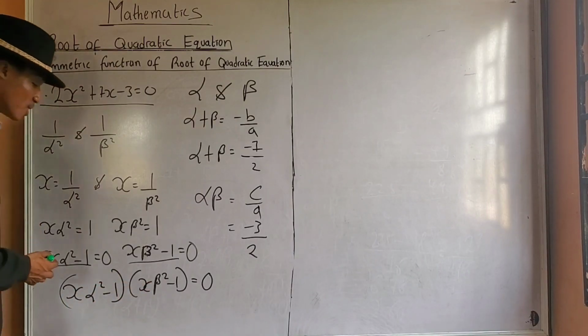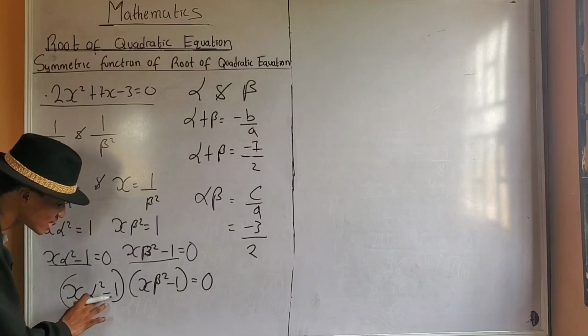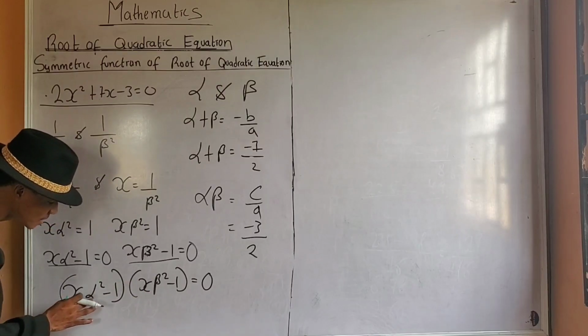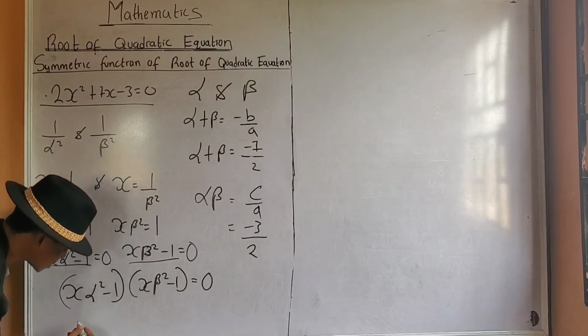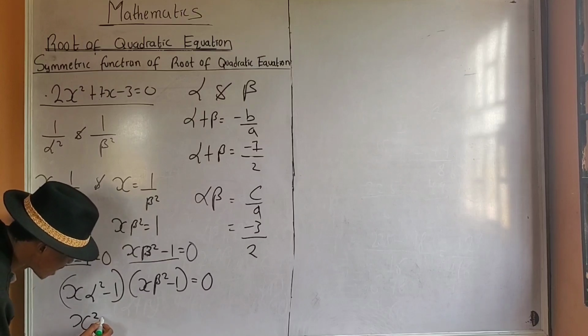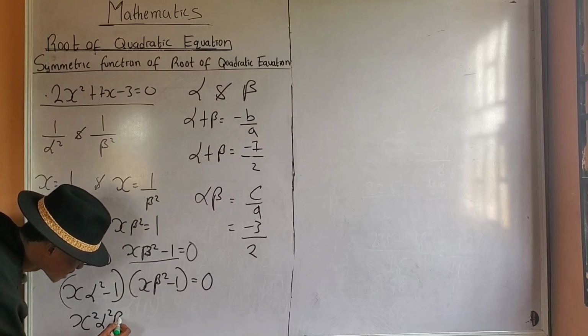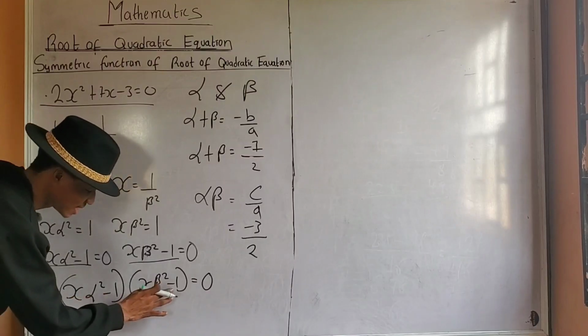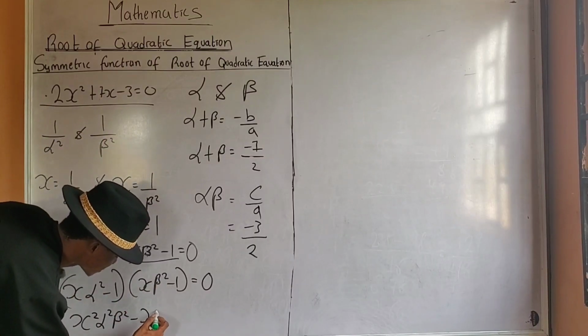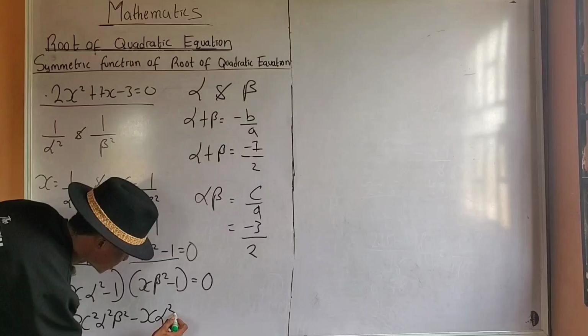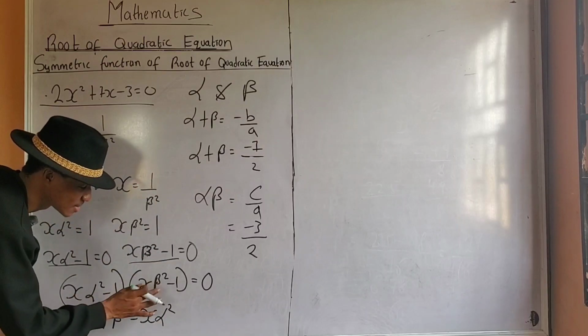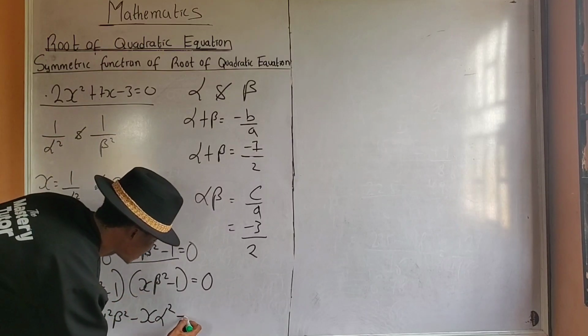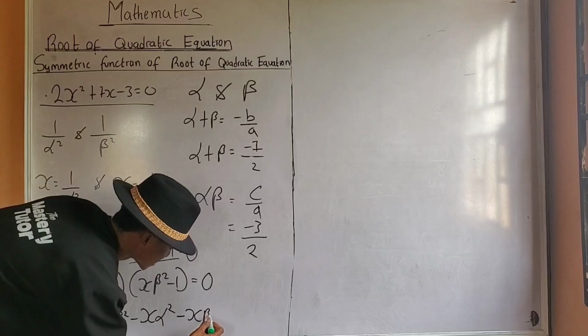So I'm going to have x alpha squared times x beta squared. That is x squared alpha squared beta squared. Are you following? Okay, x alpha squared times -1, that is negative x alpha squared. Okay, -1 times x beta squared, that is negative x beta squared.